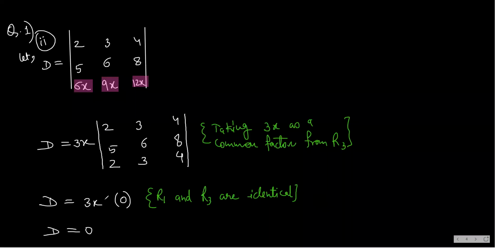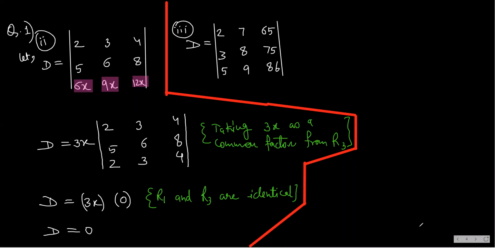Final answer is 0. 3x into 0 is equal to 0. See students, in this question, I will write C3 changes to C3 plus minus 9 C2. I am planning to multiply minus 9 with the elements of C2.